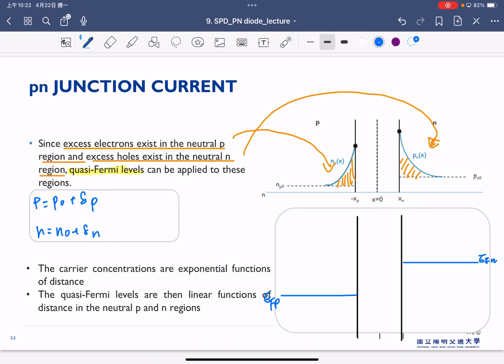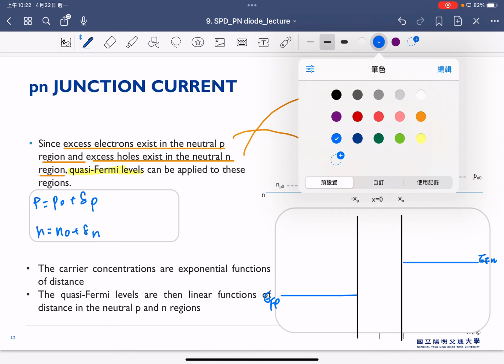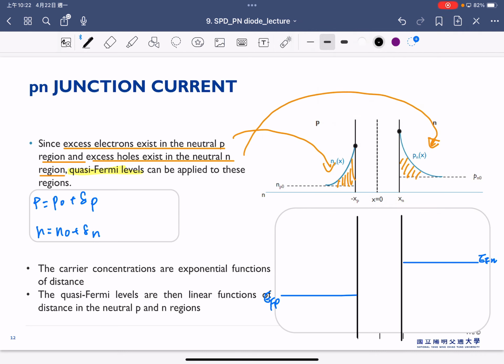And of course, on the left hand side is the conduction band here, valence band here. This is conduction band, this is valence band. So we have EC, EV, EC, EV here.